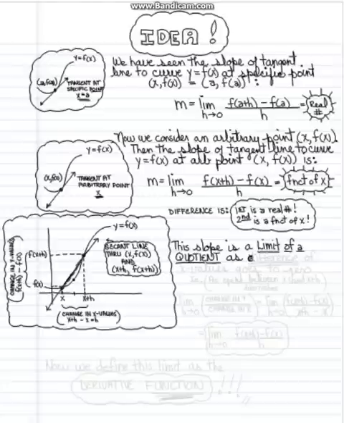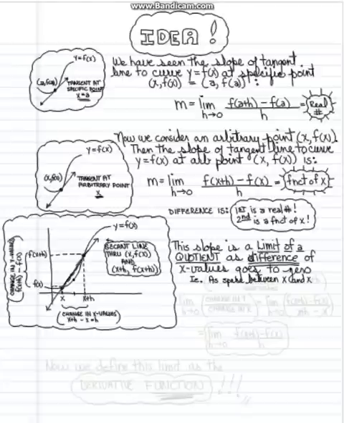It is the quotient of the difference of y values over the difference of x values, as the difference of x values goes to 0. In other words, as the space between x and x plus h diminishes, as you can see in the sketch, as that space diminishes between the two x values, the tangent line twists until it becomes tangent at a single point.